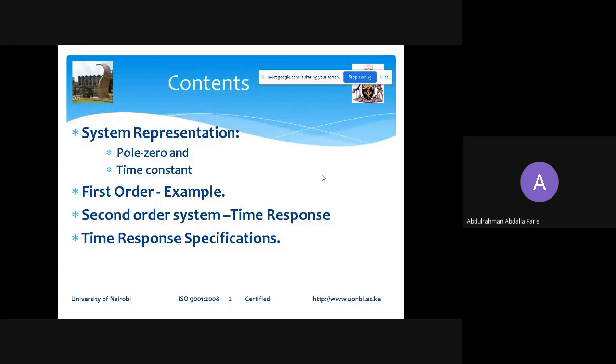So I assume all of you were okay with that practice problem for first order system. And then we'll move to second order system time response and design specification for second order time response system.